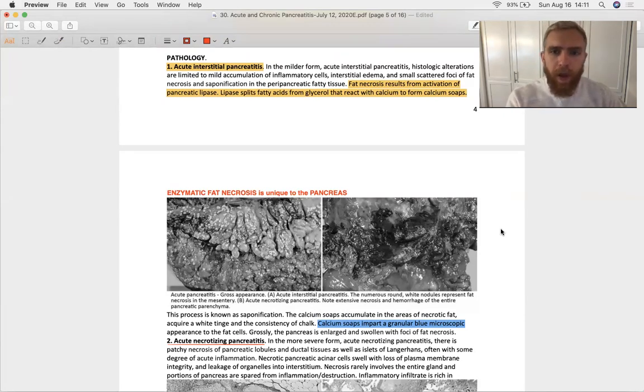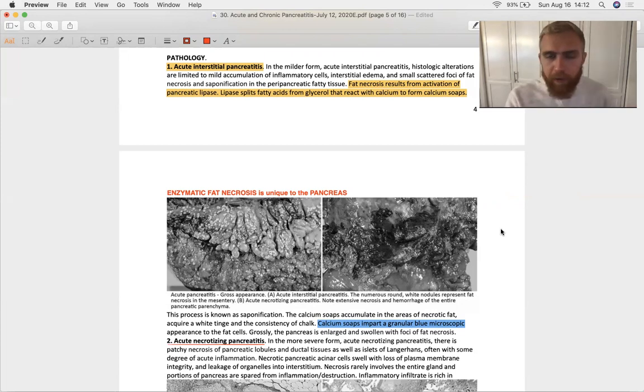So let's talk about the pathologic mechanisms and findings in both these types of acute pancreatitis. In interstitial pancreatitis, remember that's our mild form, you're going to see a lot of fat necrosis. And fat necrosis, specifically enzymatic fat necrosis related to pancreatic lipase, is particular to the pancreas. It's the only organ in the body in which you see enzymatic fat necrosis. So if you see that on a question, what type of necrosis is this?